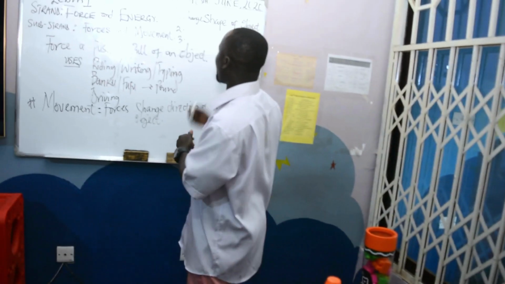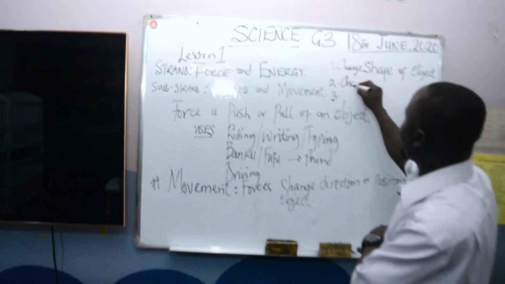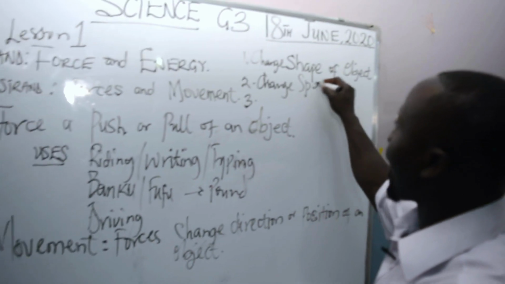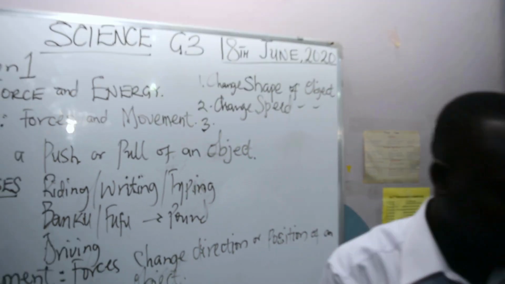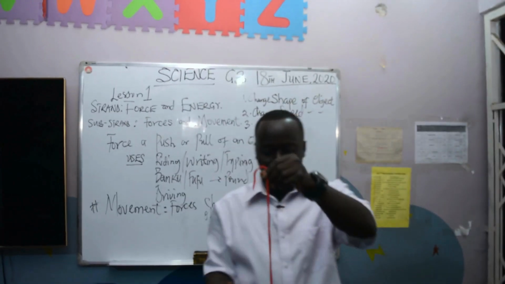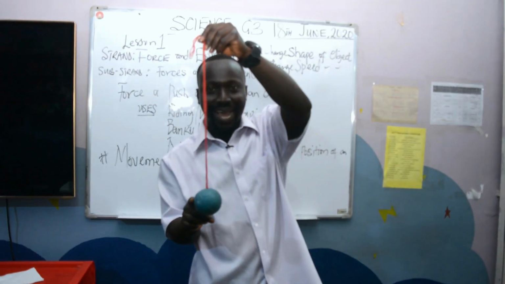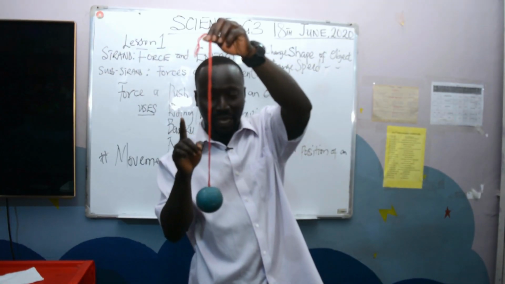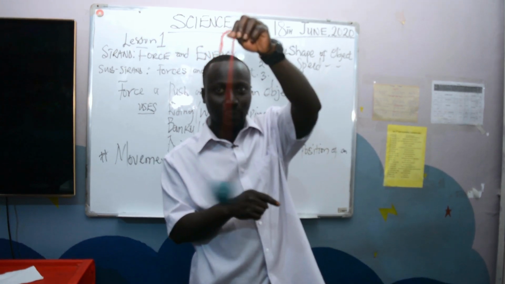Again, forces can change the speed of an object. Observe this experiment too. As I hold the ball, I push it slightly by applying force with my finger. You can see the speed now.